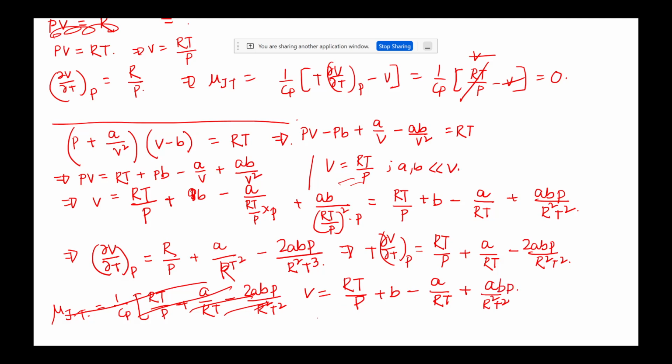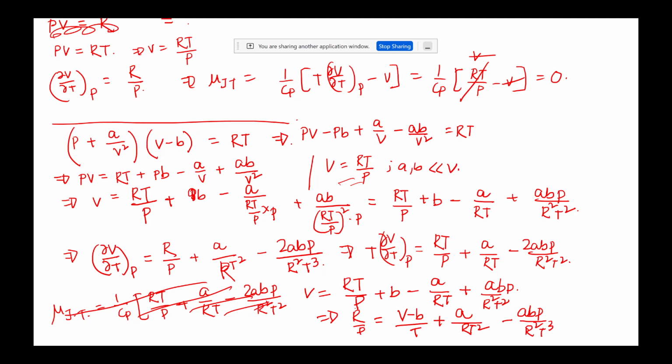So if you write R by P, then you can write V minus B by T, minus, if you take this one, plus A by RT square minus ABP by R square T cube.